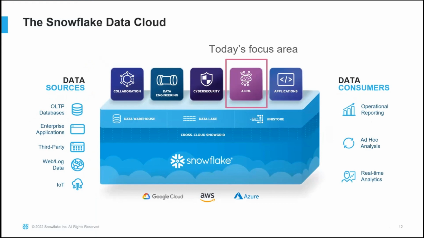And primarily, as it relates to this conversation, it's hard to have an AI strategy without having a data strategy first. And Snowflake is a platform that sits in between all of your data sources and your data consumers, creating a golden source of information to start to build products off of.